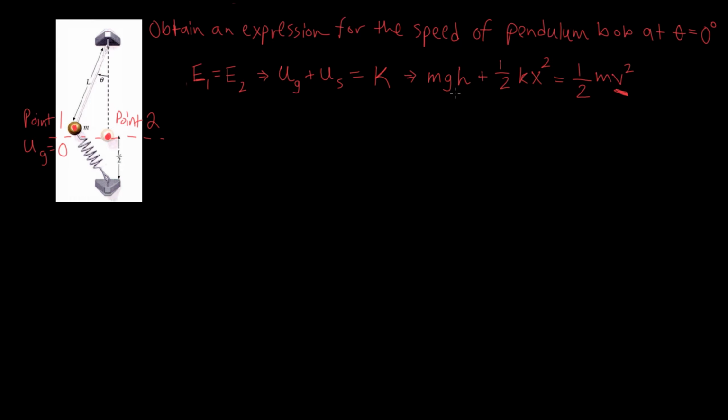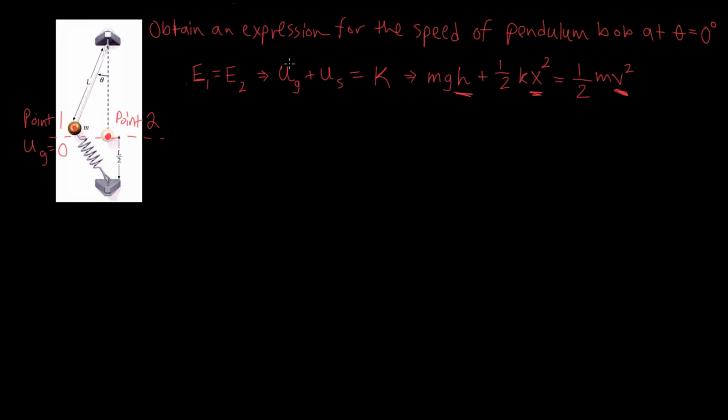However, in order to solve for the speed, which is v, notice how there are other variables in our equation that are not in terms of our given variables. On our diagram, the variables h and x, we would have to come up with alternative expressions for these variables in terms of our given variables.